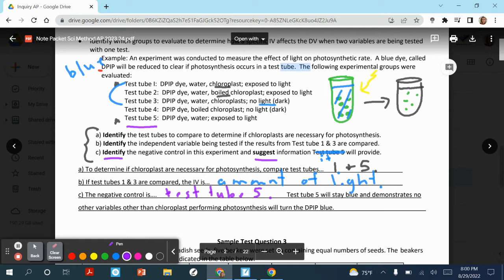So it's giving information to the researcher that, in fact, this dye cannot change colors on its own. It will only change to clear if chloroplasts are performing photosynthesis. Okay, so light itself is not a factor that can turn the dye blue. Only the chloroplasts that are doing photosynthesis. So it's providing some information to the researcher in this experiment.